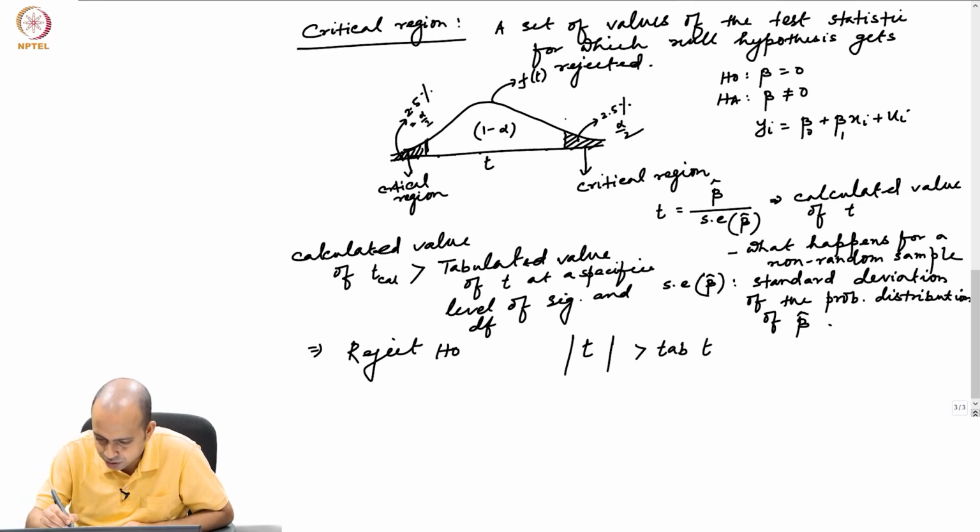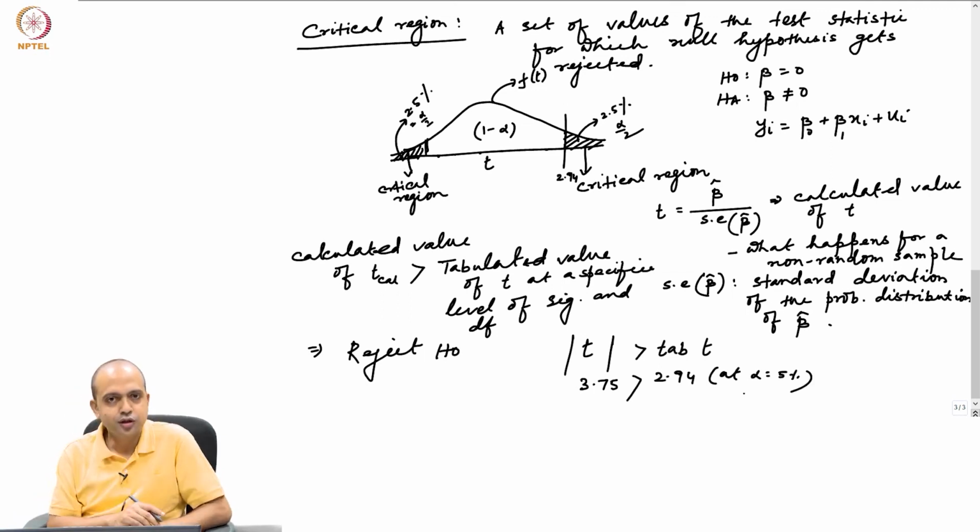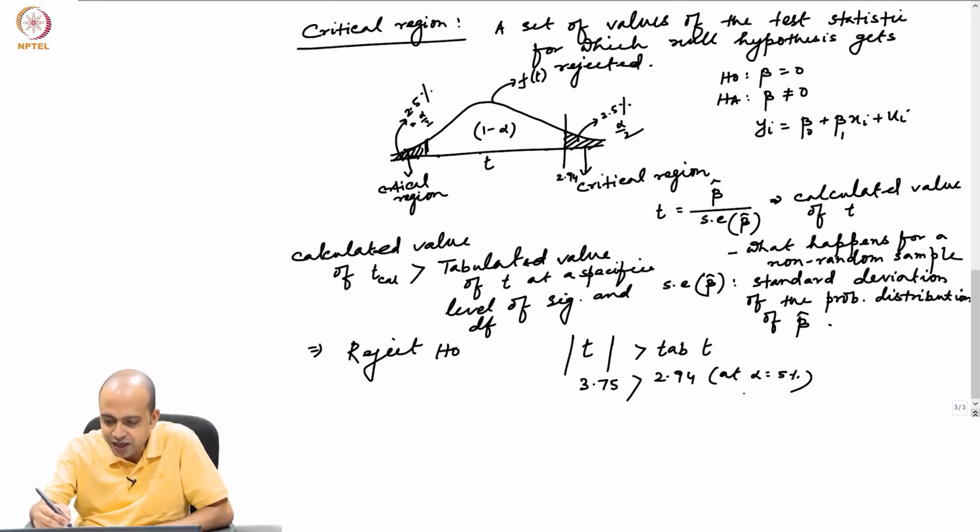For example, here let us say this tabulated value is 2.94 when your alpha is 5%, and your calculated value is, let us say, 3.75. That means I am saying the size of the critical region is 5%.